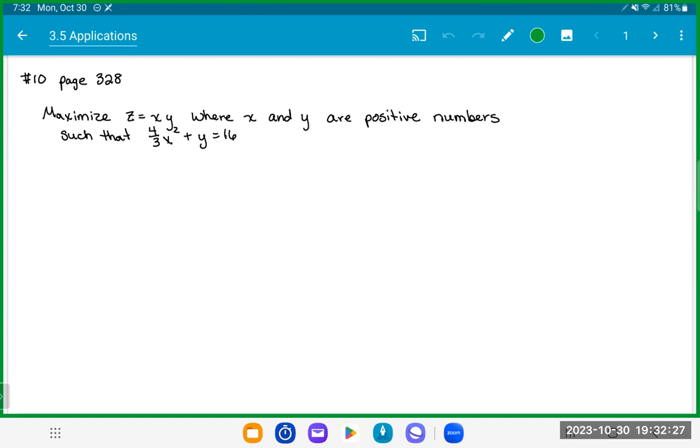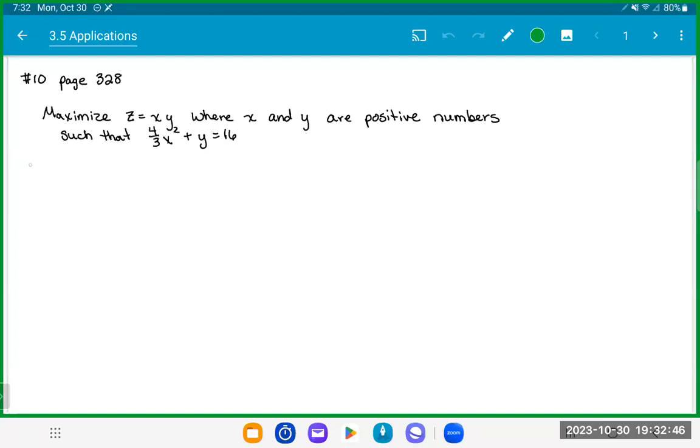Okay. So first, we want to express our z function in terms of one variable, right? Do you know how to do a derivative with 2 variables? It's much more complex, right? And so in this case, let's go ahead and express.